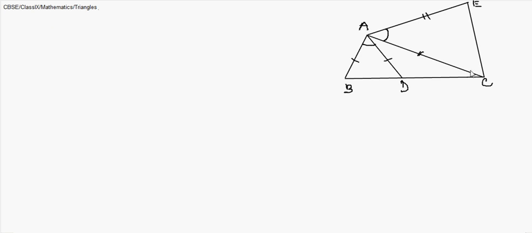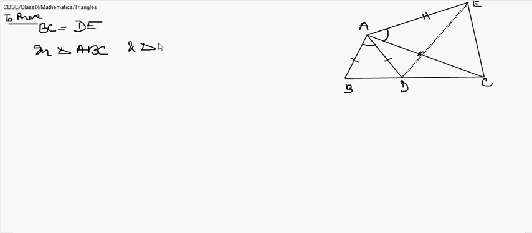So let us join DE. This is to prove BC equals DE. Let us take triangle ABC and triangle ADE.